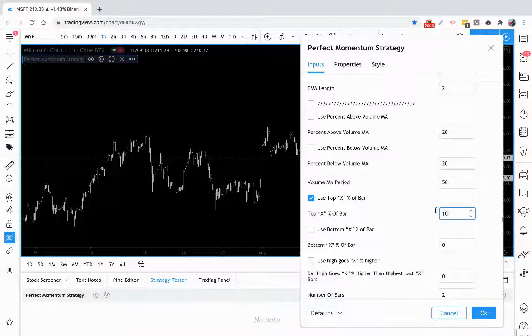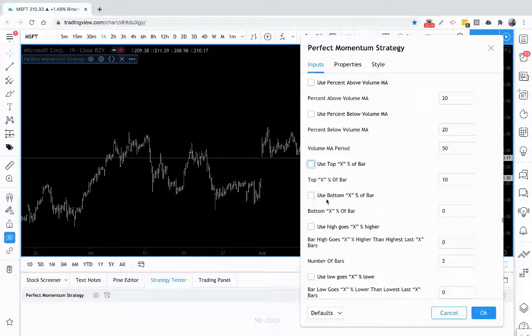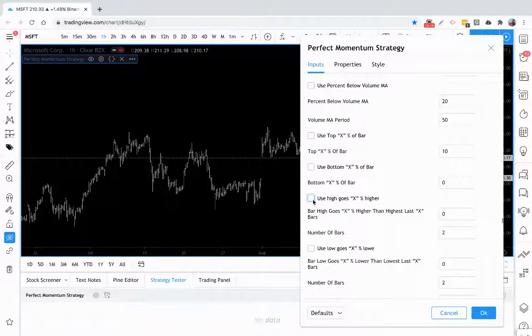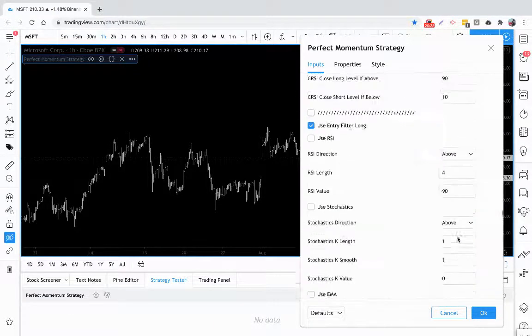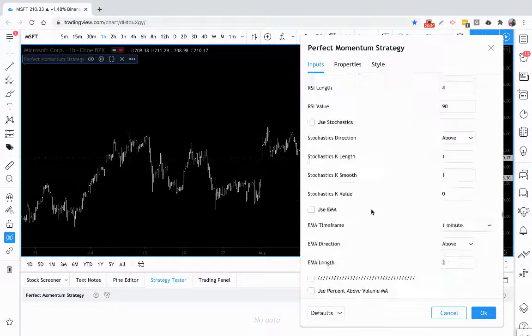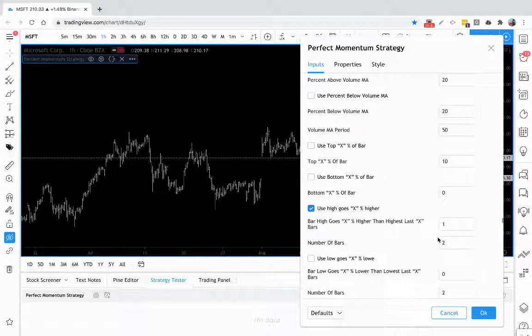So we probably didn't have any of the bars close in that specific. Same thing with the bottom X of the bar. You can use bar closes or bar highs go higher. So if we want to look for an entry that goes 1% higher than the last 2 bars, we can look for that condition here.